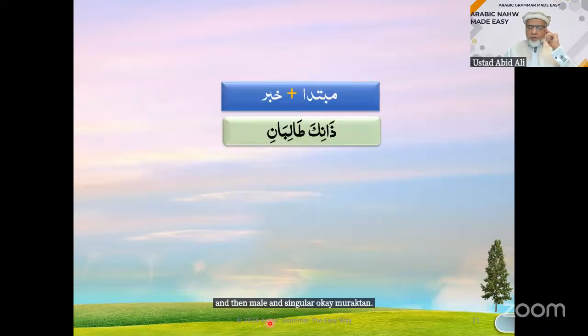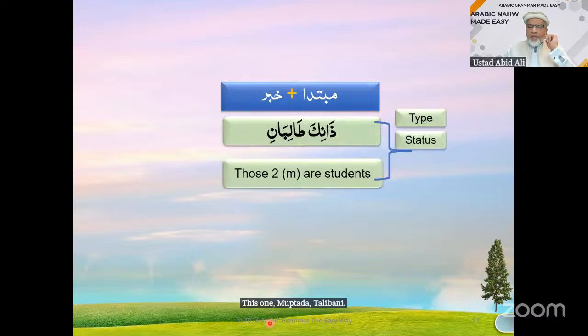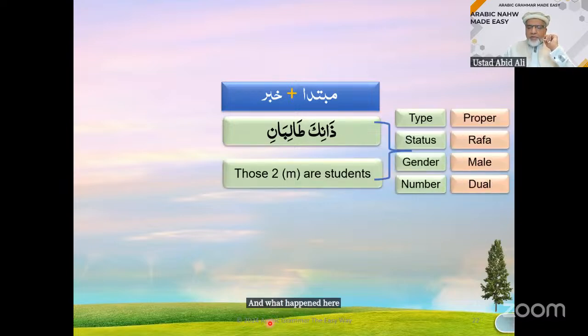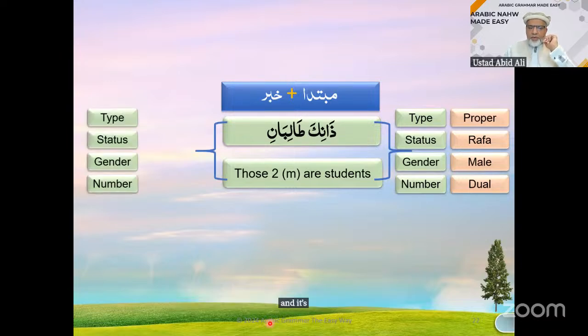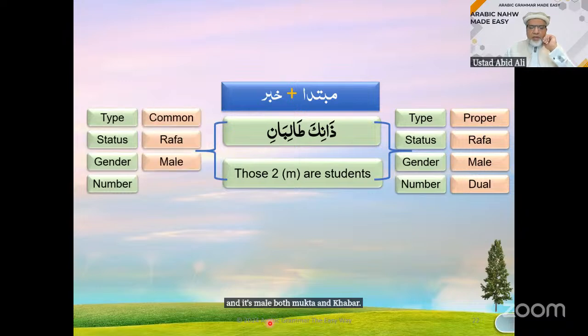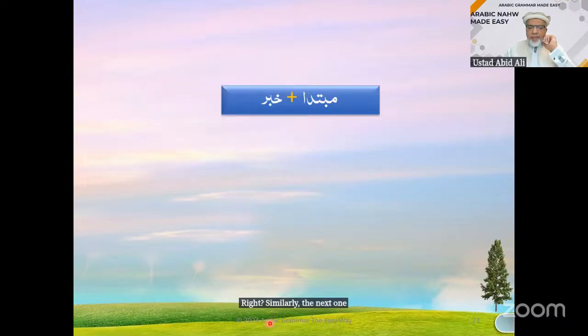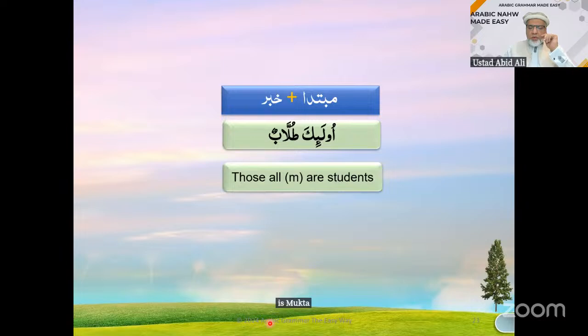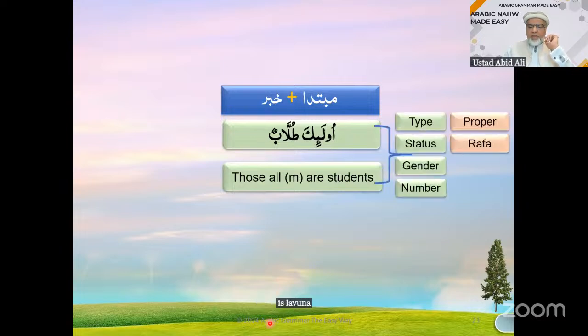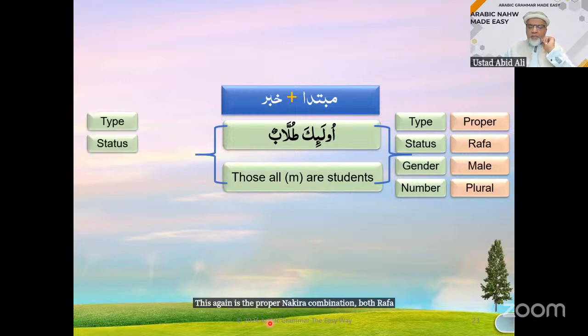This one, Mubtada, Khabar: Danika Talibani. What happened here? Everything is the same, just it is dual and it's male, both Mubtada and Khabar, right? Similarly, the next one is Mubtada Khabar: Ulaika Tulabun. This again is a proper Nakira combination, both Rafa, male and plural.